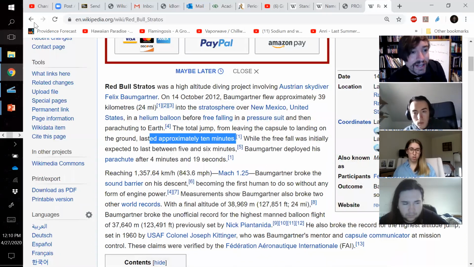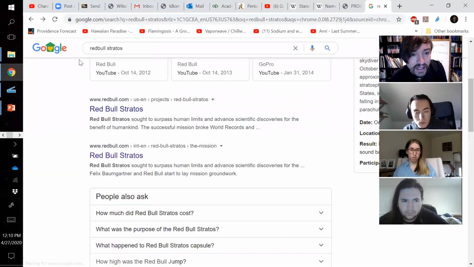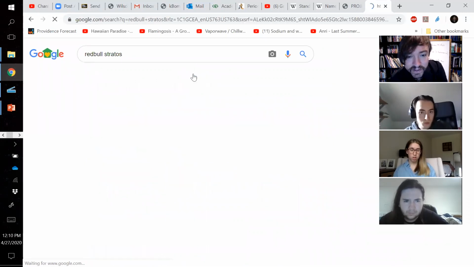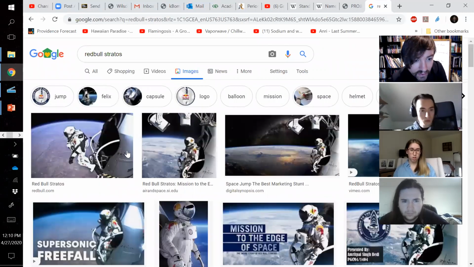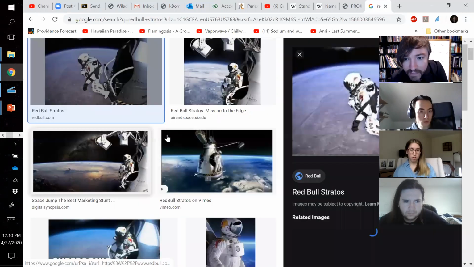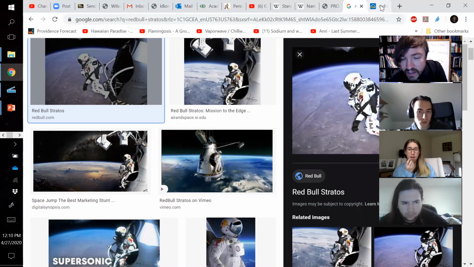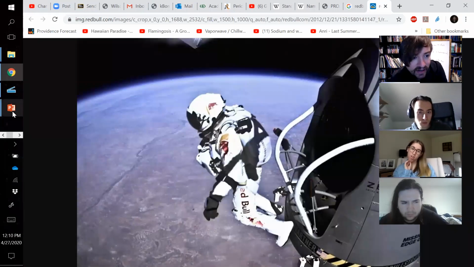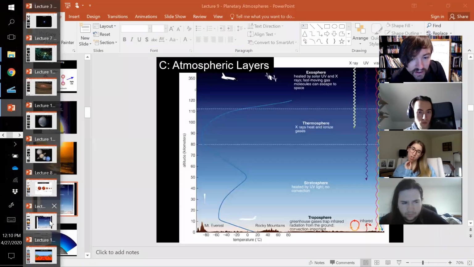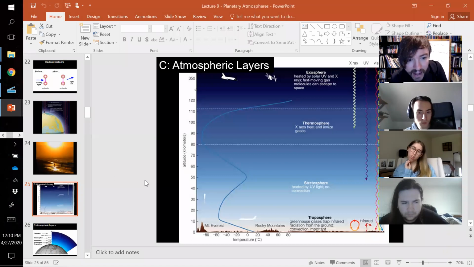And I want to show you a picture from the moment before he gets out of his capsule here, because of course they had cameras and recorded the whole thing. So here's the moment that Baumgartner is about to step out of his capsule. Now keep in mind that if we compare this to our layers of Earth's atmosphere, this is slide 25, right?